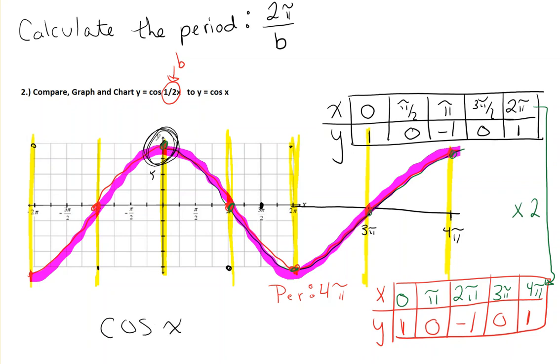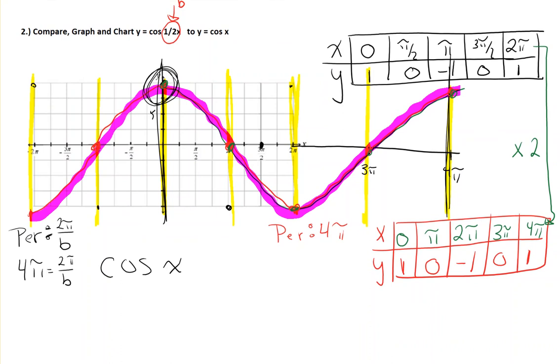Then I go to see how long it takes to repeat. So it starts here, it ends here. So it went from 0 to 4 pi. So let's use the equation: the period is equal to 2 pi over b, and we know that this period is 4 pi, so 4 pi equals 2 pi over b. I would need to solve for b.